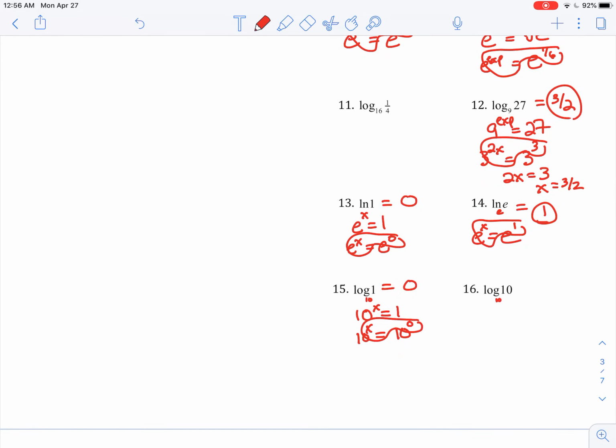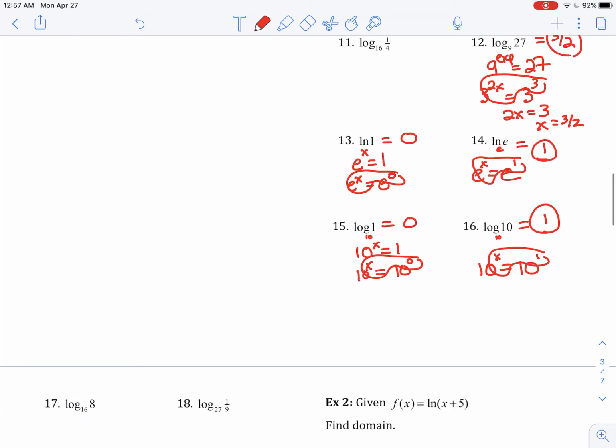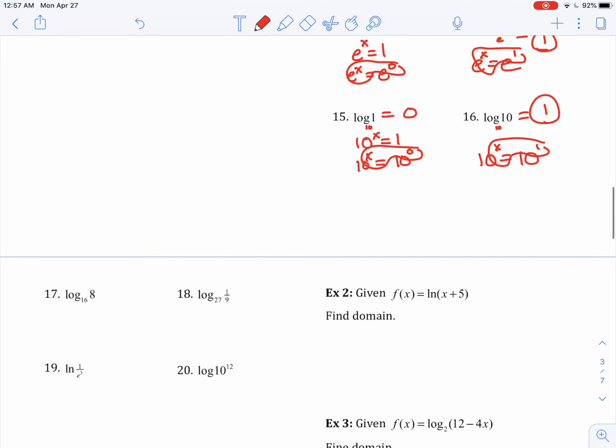On 16, very similar, except for base 10 is implied. But the log of 10 is just asking us, if you have a base 10, what exponent do you have to raise it to get 10? And we know an exponent of 1 on the right is implied. Bases are the same. Exponents are equal. The log of 10, base 10 implied, is also just equal to 1.